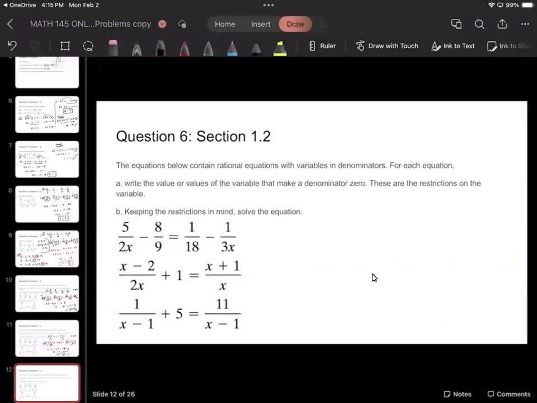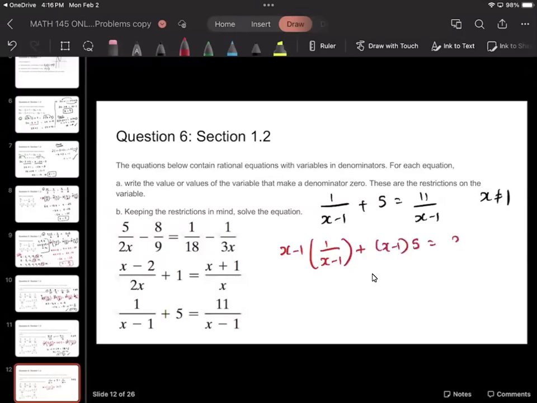Third one, I have 1 over x minus 1 plus 5 is 11 over x minus 1. Here my restriction is x cannot equal 1, correct? Because if x is 1, 1 minus 1 will become 0. And the LCD is just x minus 1. All right, so now this x minus 1 and x minus 1 goes away.